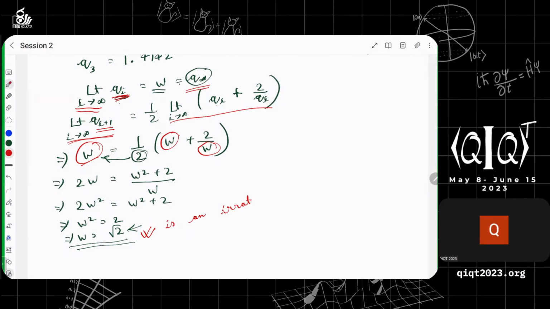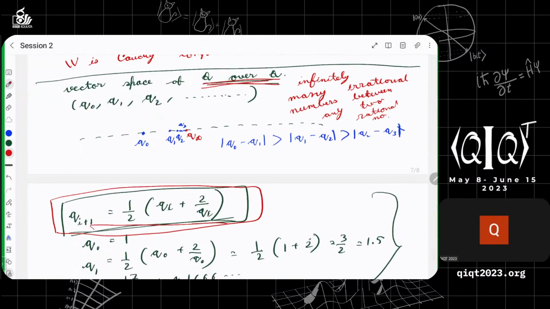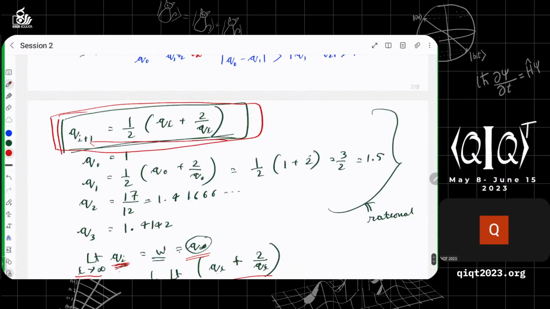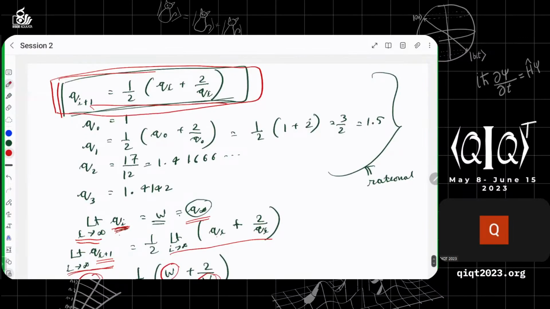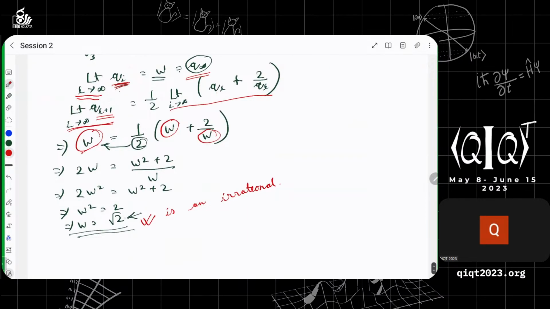So remember, we were working with the vector space of Q over Q, the vector space of rational numbers over the field of rational numbers. For this sequence, we constructed a Cauchy sequence, where the values were getting subsequently closer to one another. And we found that in the limit of this sequence, it is going out of the set of rational numbers.